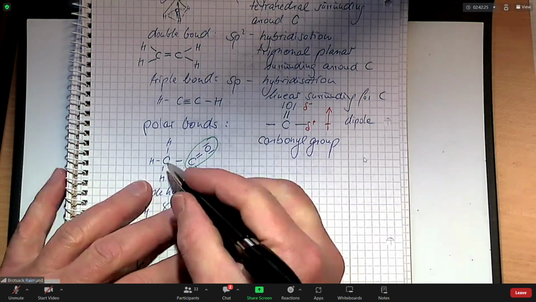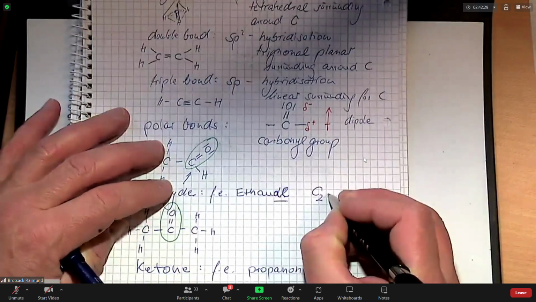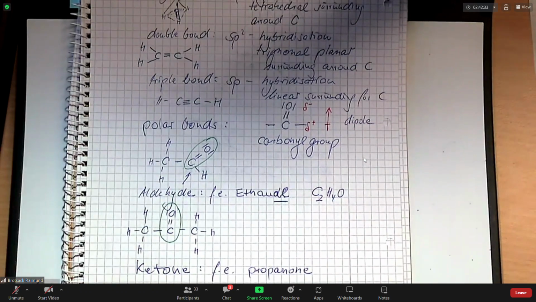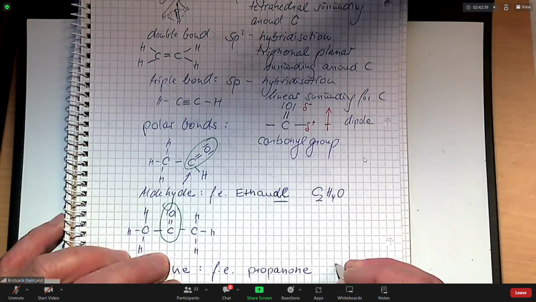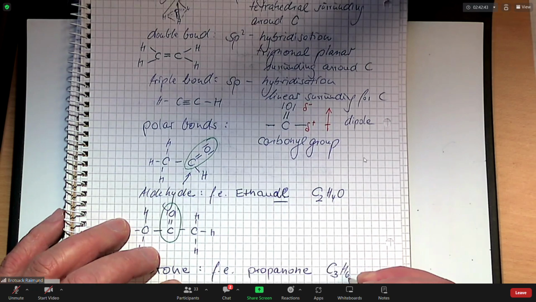The formula here is C2H4O. Here we have C3H6O.